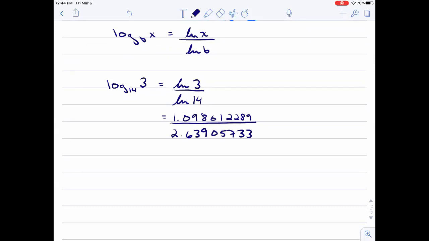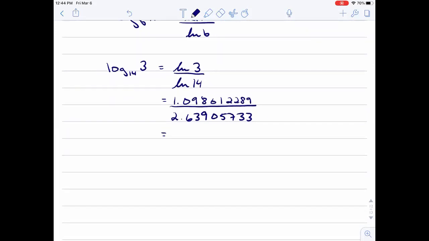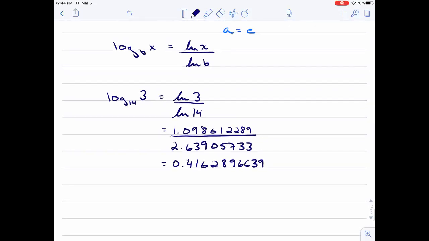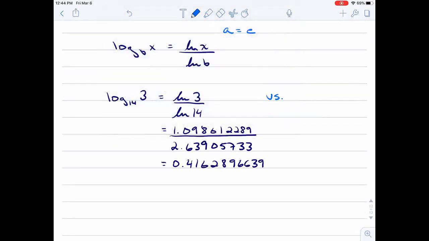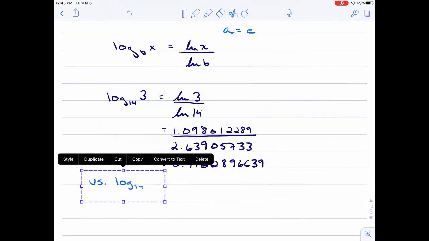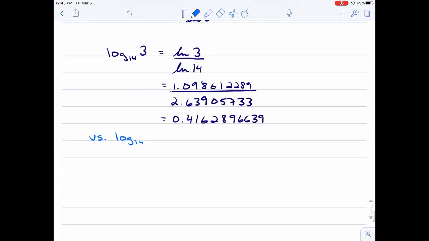Natural log of 3 divided by the natural log of 14, I get 0.4162896639. Okay. And here, fingers crossed, because I just made this up on the spot, versus log base 14 of 3.